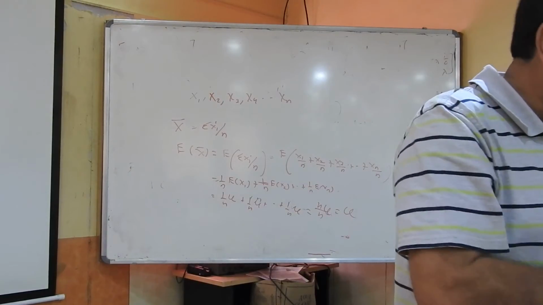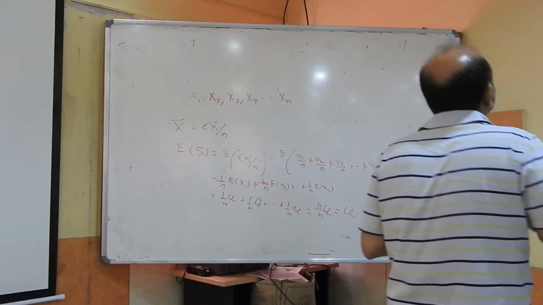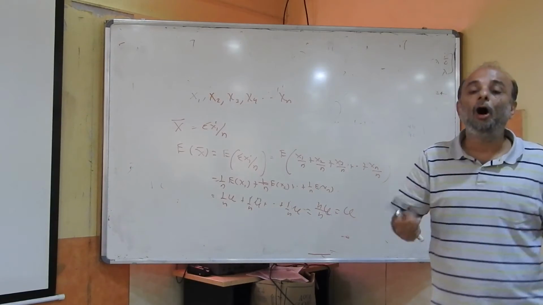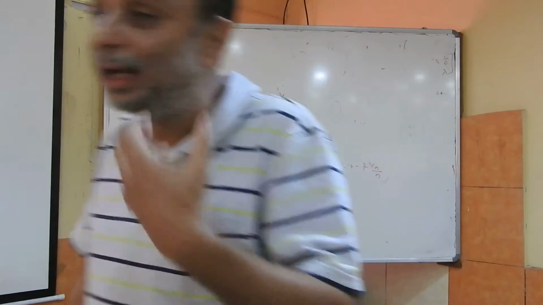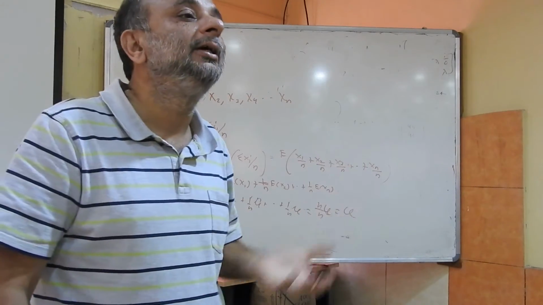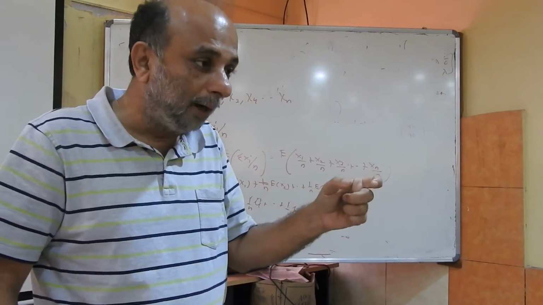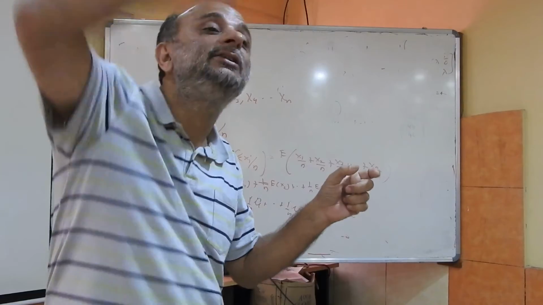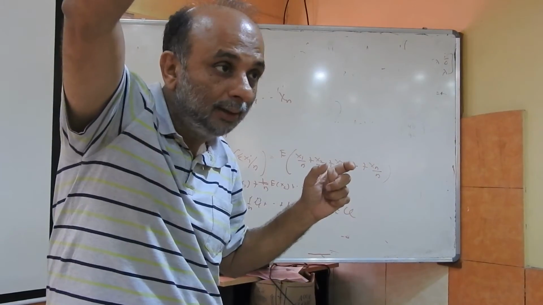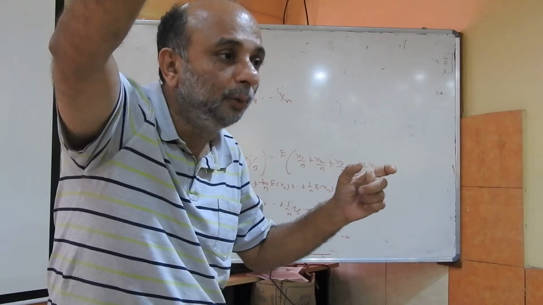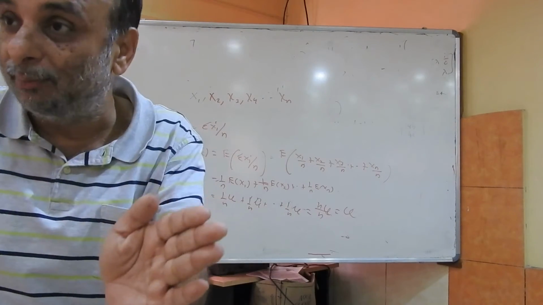X bar, the sample mean, is an unbiased estimator of the population mean. Basically what it means is, even if I take a small sample of size n, and I get an x bar, and I use that x bar as a guess for the population mean, I will not get an exact number. My x bar will not be exactly equal to mu. There will be some difference between x bar and mu.